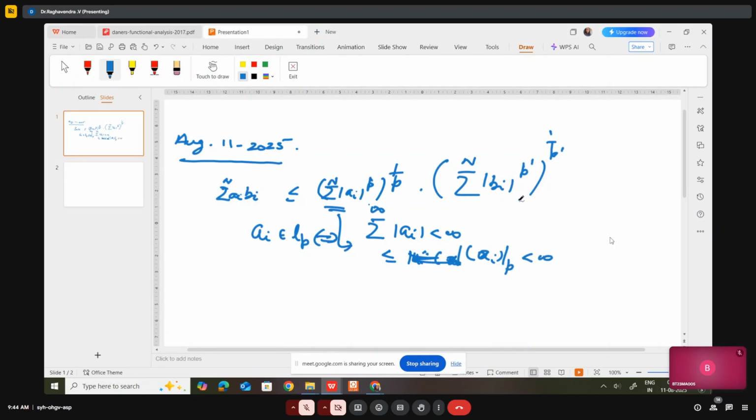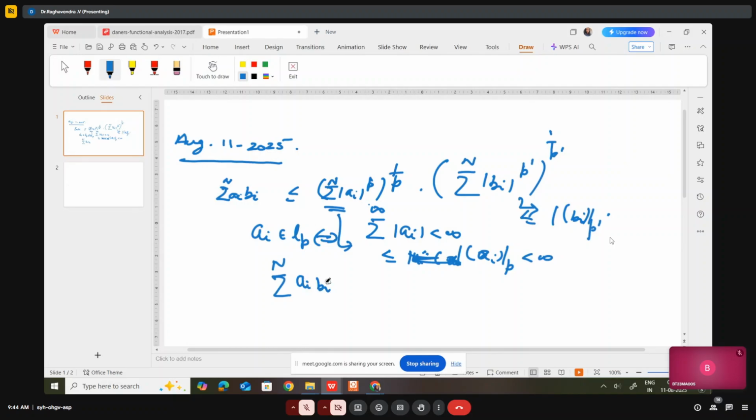In the same way, this one will be the sequence b_i with respect to p prime. So this will be less than or equal to that.